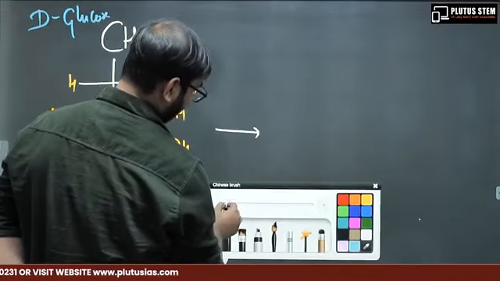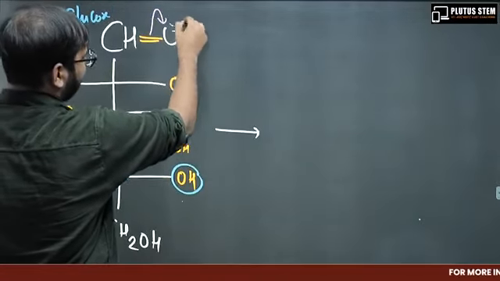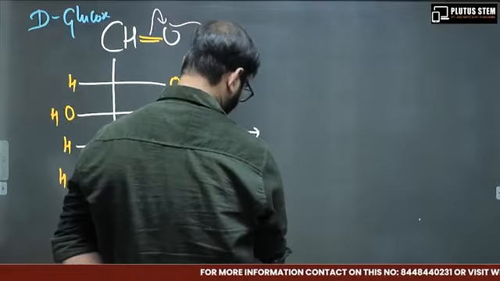Now, this carbonyl group by resonance pulls the electron density and attacks this particular hydrogen. When it attacks, there are two different options.